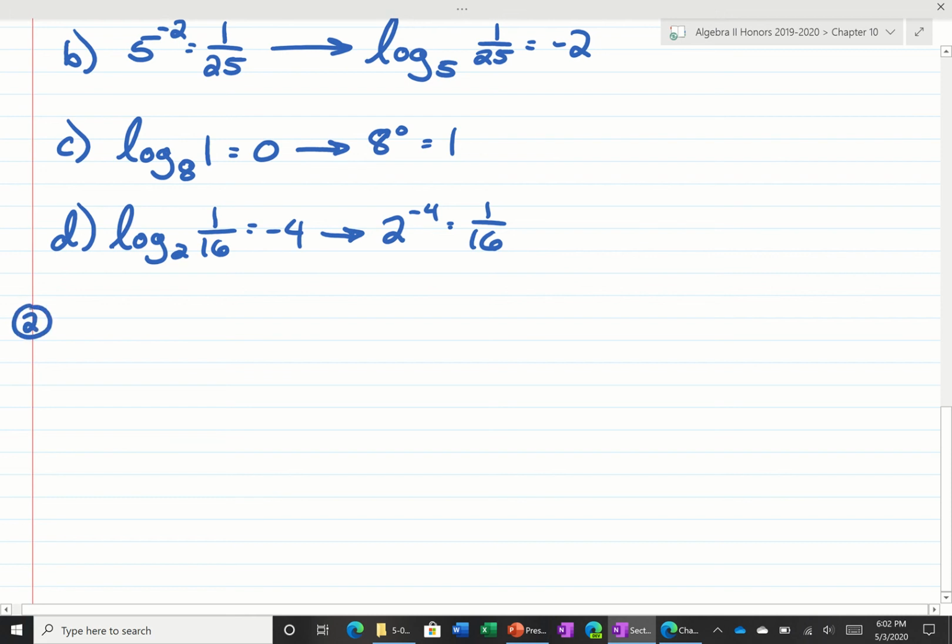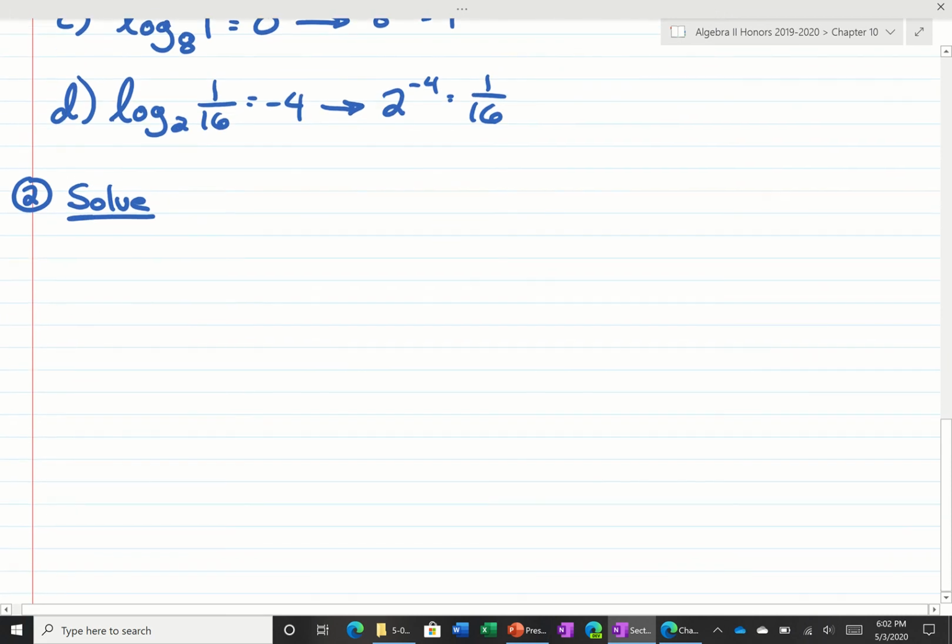Next type of examples, I would like you to solve. So what if we had the log base 9 of x is equal to 3/2? Use the crisscross property. 9 to the 3/2 power is equal to x.